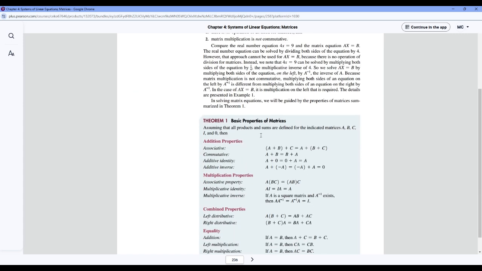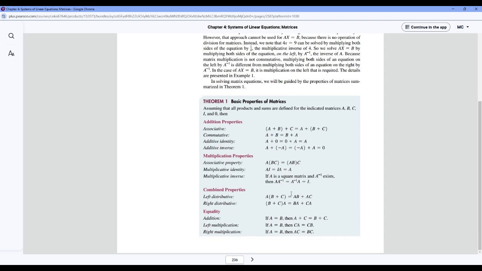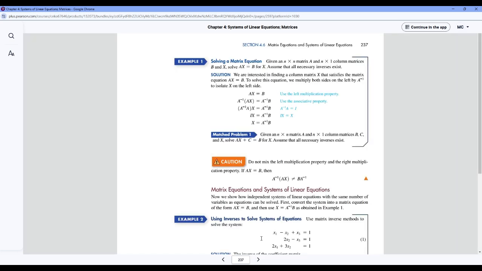Basic properties of matrices: addition, additive properties, associative, commutative, additive identity, and additive inverse. A lot of this you have to understand. For addition, the matrices have to be the same size. For multiplication, the inner terms have to be the same, and so forth. So these are your basic properties of matrices.